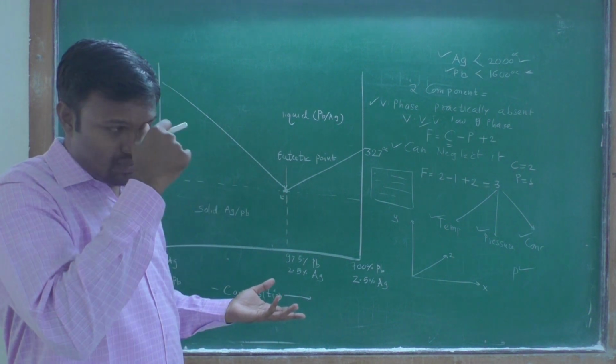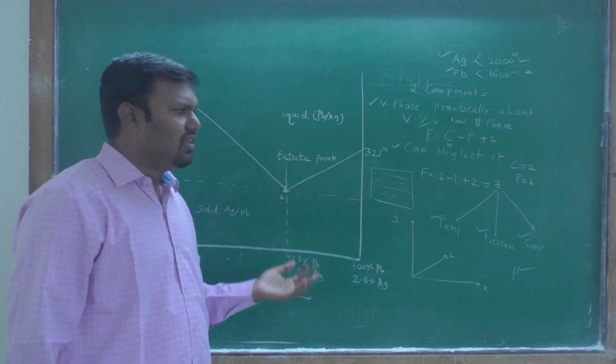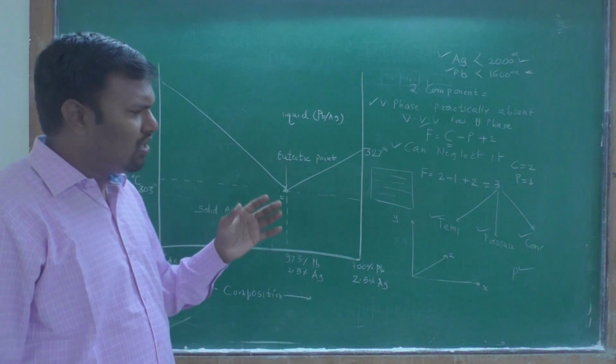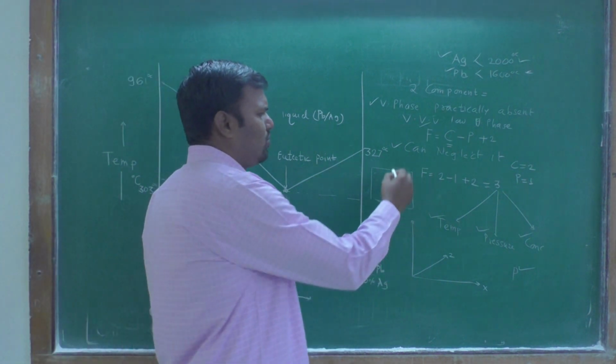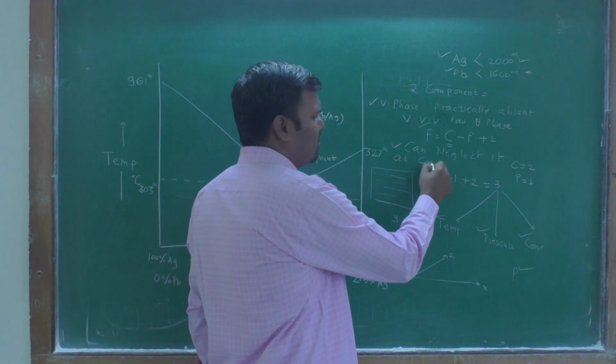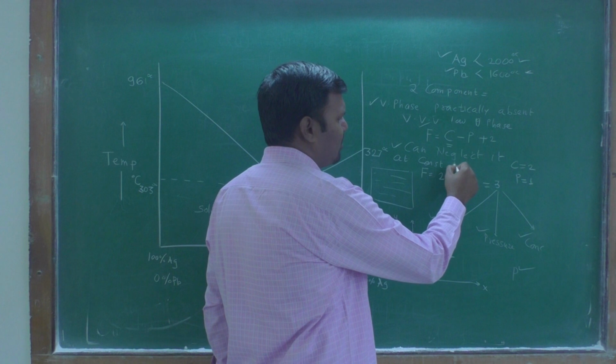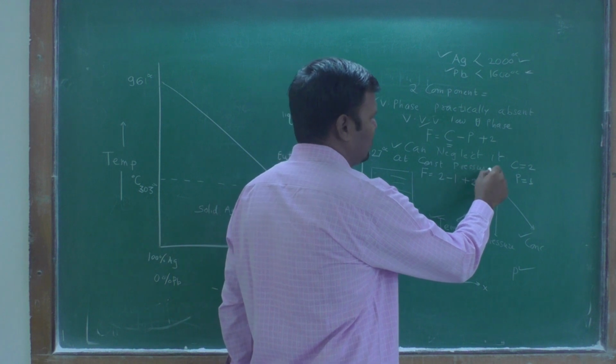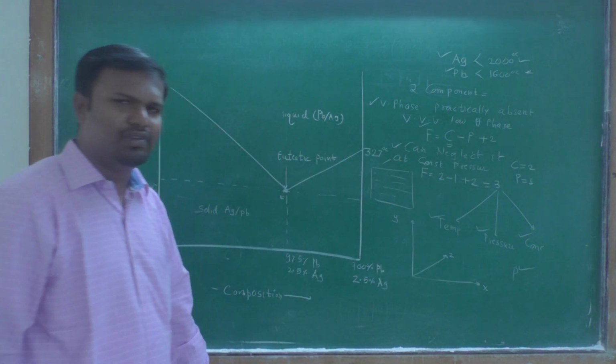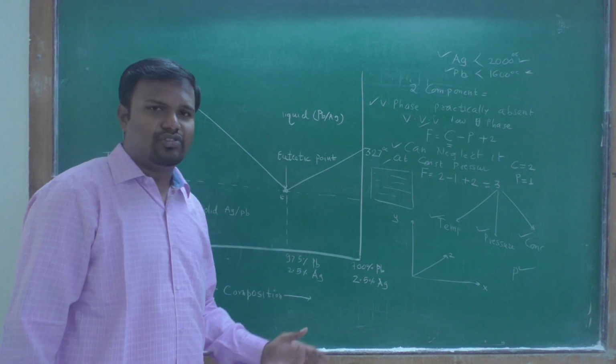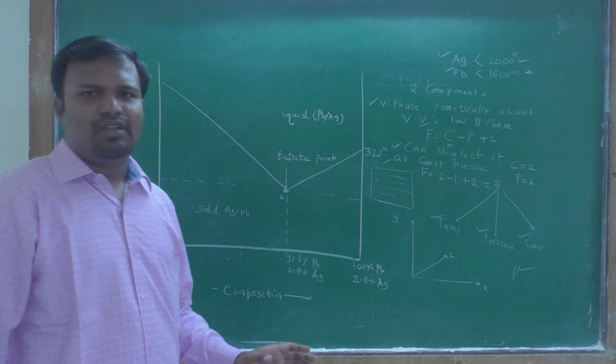Therefore, in this case we can neglect it, and we can carry out all this process at constant pressure. All the diagrams we will discuss under constant pressure, with no variation of pressure.